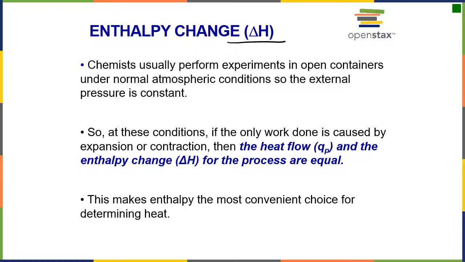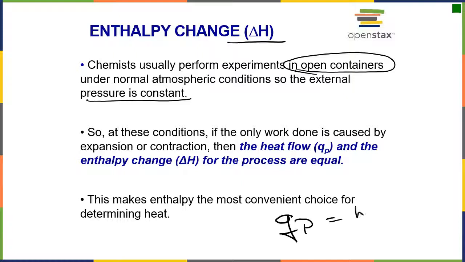Now, when we do that, we are going to look at enthalpy. This is going to be an open container, which means that we're going to do this at constant pressure. Q sub P, meaning heat at constant pressure, pretty much is going to approximate how much internal energy we have.